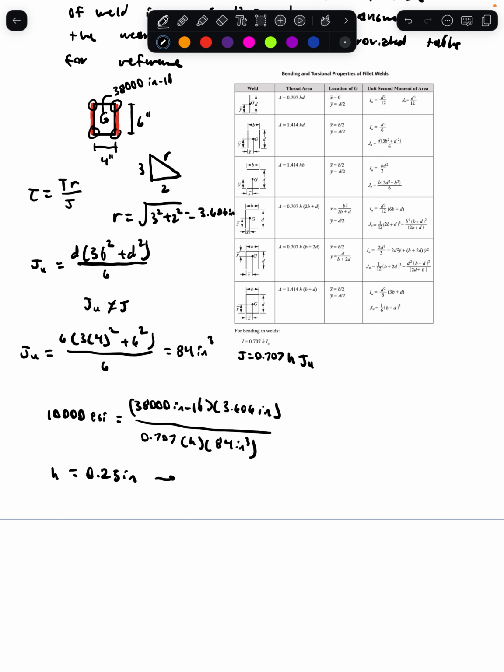This question asks us to round that up to the nearest 1/8 of an inch. So that means the weld is going to be 1/4 of an inch.